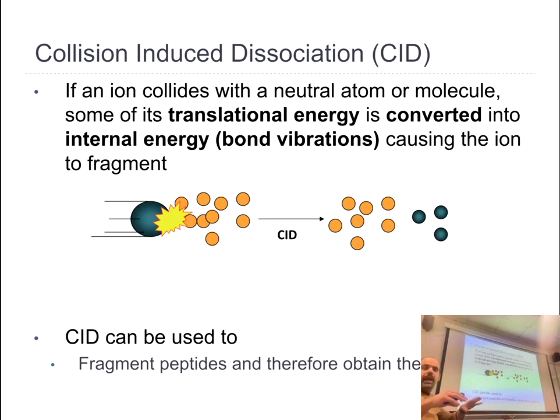And the nice thing of this for biological mass spectrometry, as we'll see in a minute, is that peptides fragment very predictably. That's why it's super useful and super powerful for sequencing peptides. So CID can be used to fragment peptides and therefore obtain their sequence.